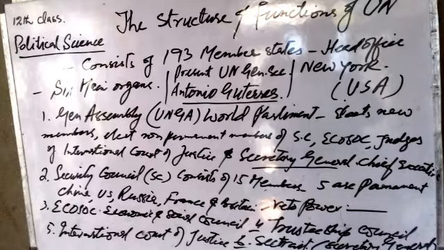The rest are elected after every 2 years by the General Assembly. It meets twice a month. Its permanent members have veto power, or the right to reject a resolution.